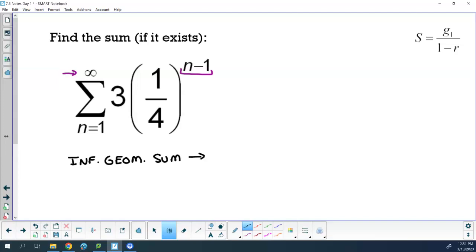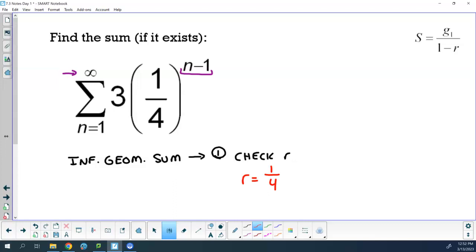So the first thing I should do is find my R value. If the absolute value of R is less than 1, then we're good to go. The R value here is the base, the term in sigma notation that has the exponent on it, so the R value is 1/4. Now 1/4 is less than 1, so we're good there. So now I can find the sum.